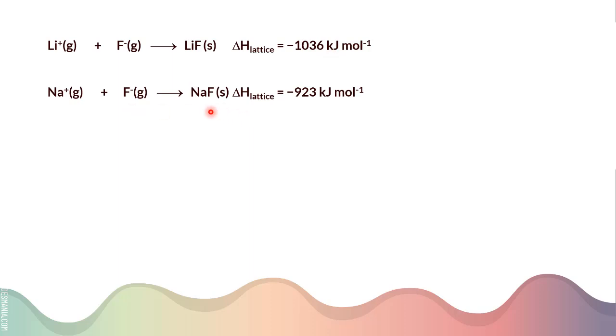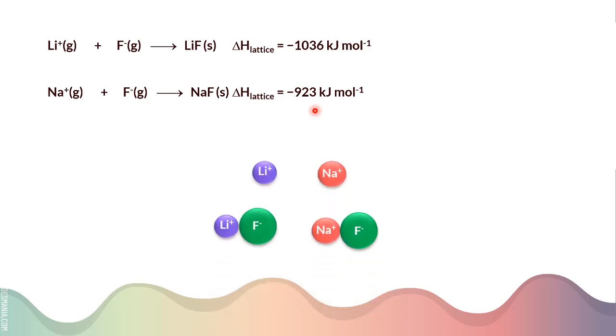When 1 mole of solid sodium fluoride is formed from 1 mole of sodium gaseous ions and 1 mole of fluoride gaseous ions, 923 kilojoules of energy is released. If we compare, the lattice energy of lithium fluoride is more exothermic than sodium fluoride. You can see the size of lithium ion is smaller than the size of sodium ion.